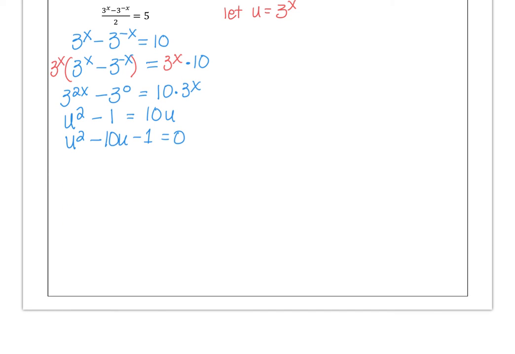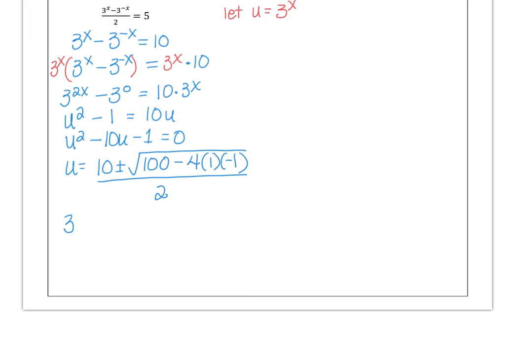So we're going to be forced to use the quadratic formula and solve in terms of u. u is opposite b plus or minus the square root of b squared minus 4 times a times c, all divided by 2 times a. So u represents 3 to the x, and that looks like 10 plus or minus the square root of 104 divided by 2.